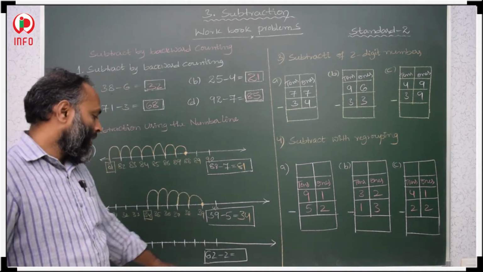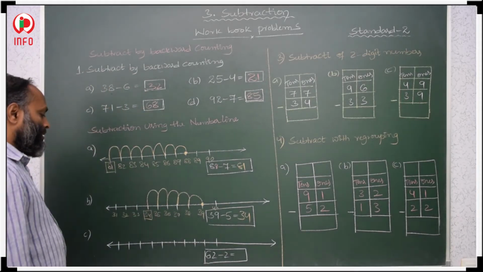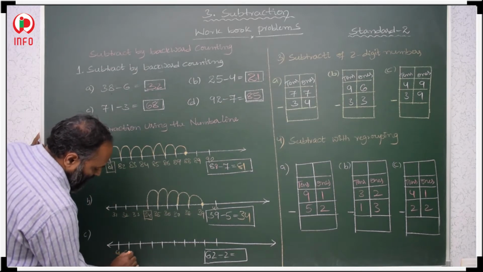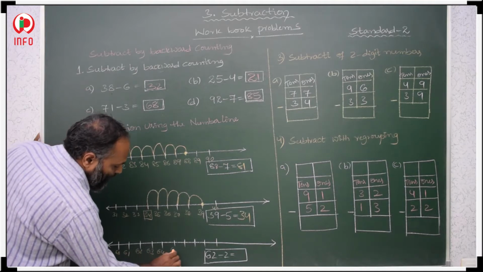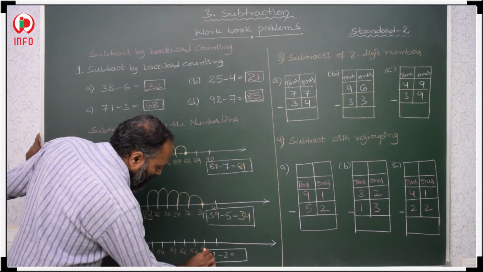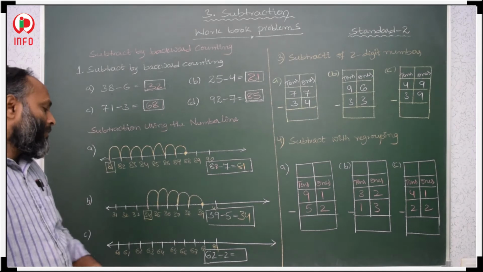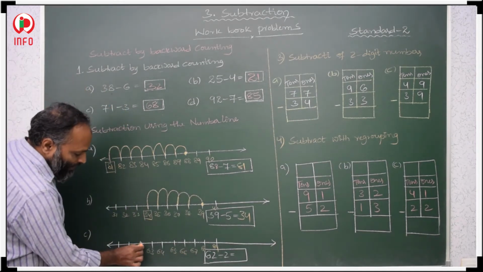The next question: here 62 is given. You start here from 60: 60, 61, 62, 63, 64, 65, 66, 67, 68, 69. Mark on 62 first.